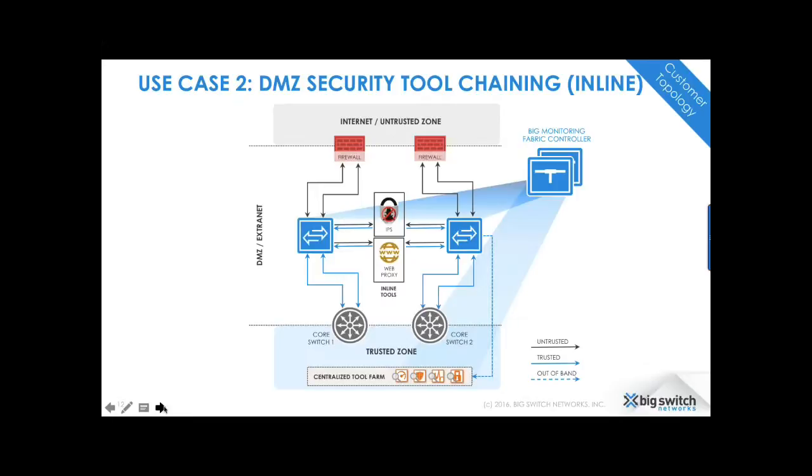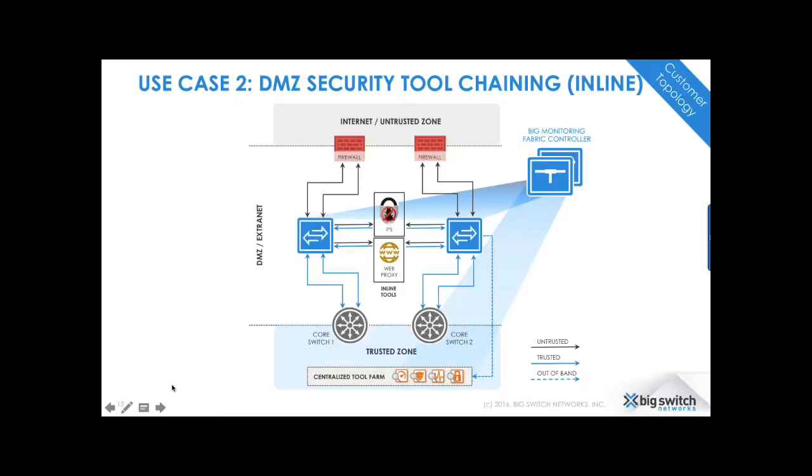And over here, we've implemented very nice functionality in terms of tool chaining, tool health checks, what happens when a particular tool goes down, all kinds of HA configuration, fail open, fail close kind of functionality. And we've done a separate webinar on this topic as well. So that's the second deployment mode. But again, everything is managed from a centralized location.